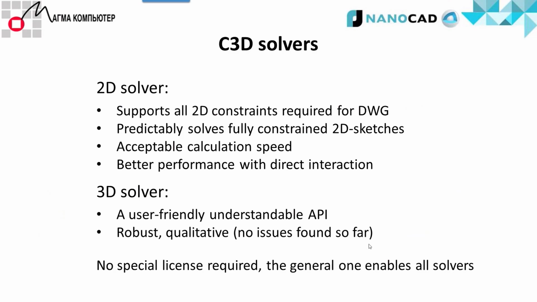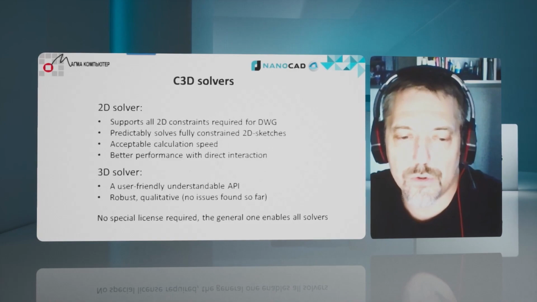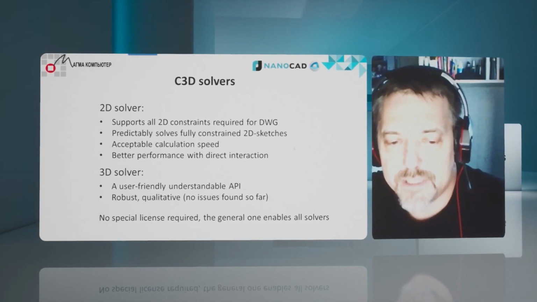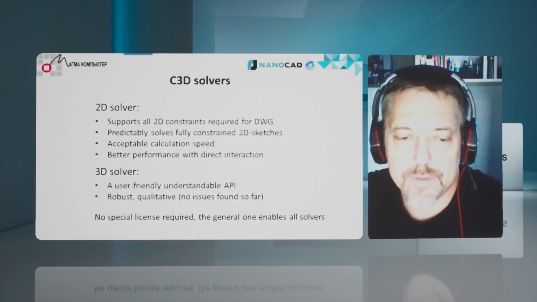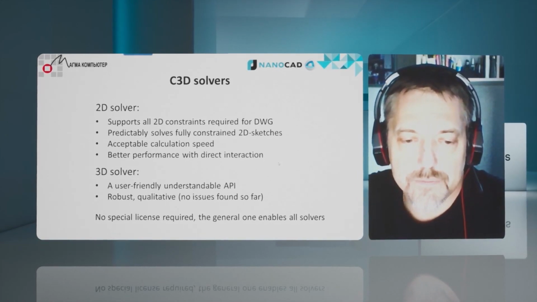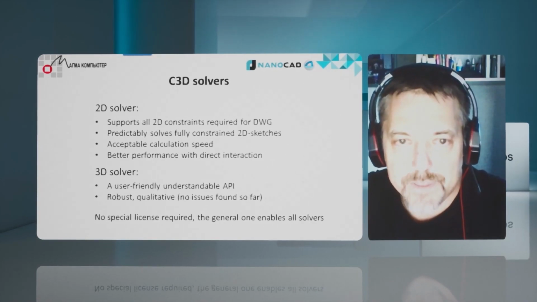So that's all for technical details. Let's make a little summary relating to C3D solvers. The 2D version supports all 2D constraints required for the DWG format, predictably solves fully constrained 2D sketches, has acceptable calculation speed, and has better functioning and performance in direct interaction.